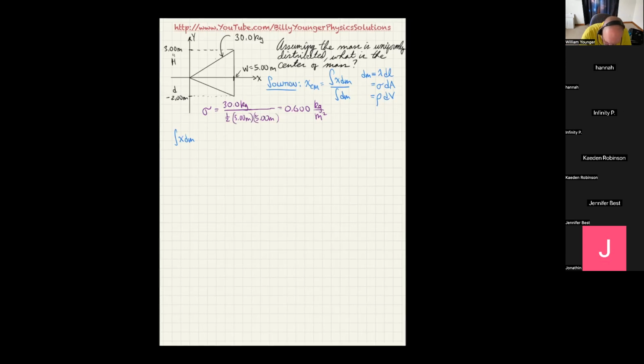With that in mind, the way you can implement that is you can imagine a rectangle like so, and the width of this rectangle is dx, and the height of the rectangle is y2 minus y1.